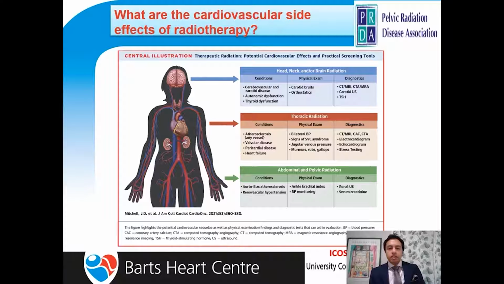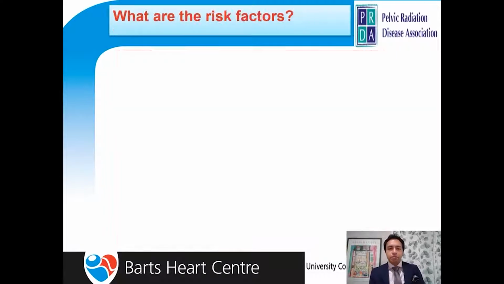They talk about abdominal and pelvic radiation, and they mention that aortoiliac atherosclerosis and renovascular hypertension can occur. They talk about ways to assess these patients in the form of BP monitoring and ABPI, that's ankle brachial pressure index measurements, as well as diagnostics such as renal ultrasound scans and renal blood tests.